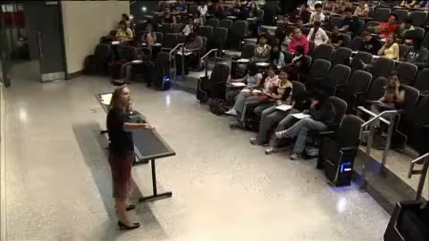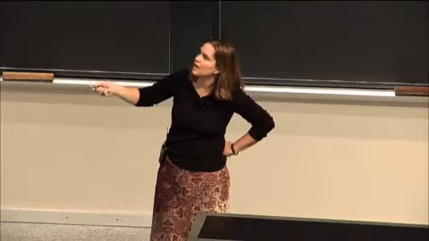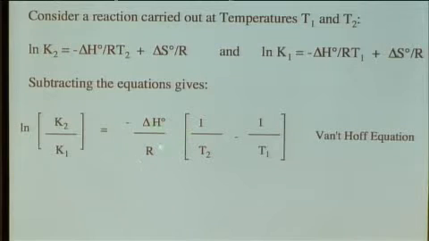So here we go. So what does this do? Well, we can talk about the natural log of one equilibrium constant over another: K2, which is the equilibrium constant at temperature 2, over K1, which is the equilibrium constant at temperature 1, is going to be equal to minus delta H naught over R, and then it depends on the temperature.